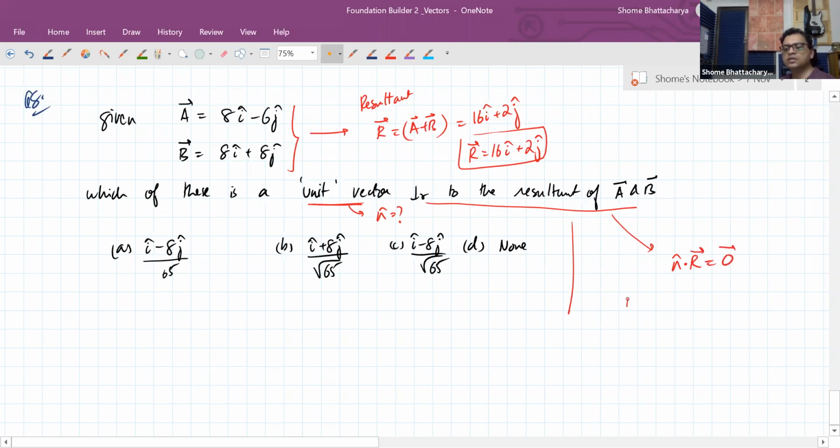Then the unit vector n cap is perpendicular to the resultant of these two vectors, R. So let's start with the first option. Now if we check, the problem with this is that it is not a unit vector.